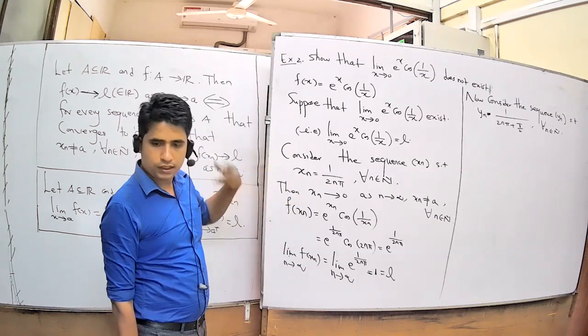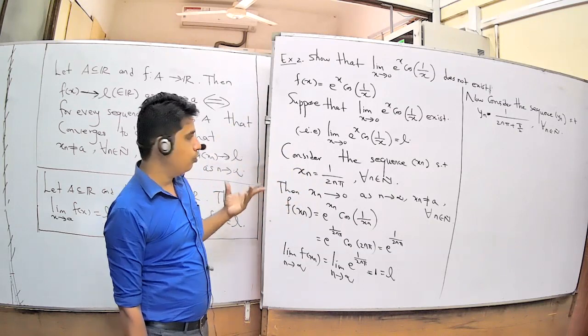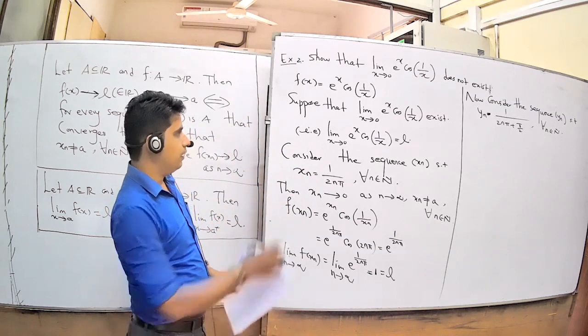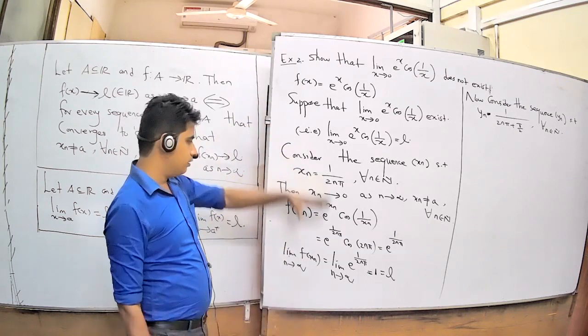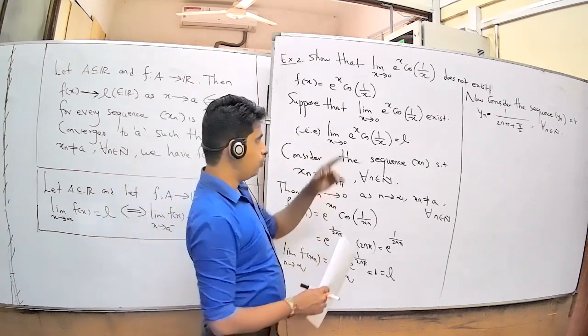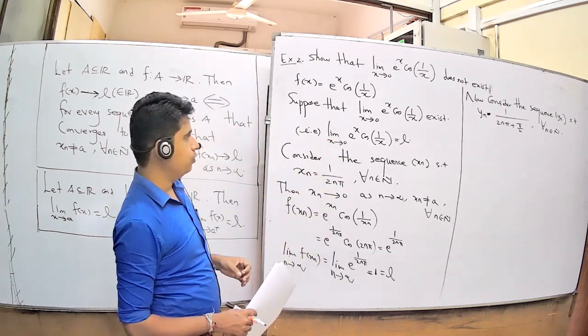You can choose different sequences to solve these problems. But here it is one of the appropriate ways to get the limit: yn equals 1 over 2n pi plus pi by 2.